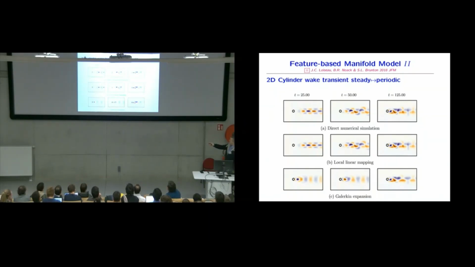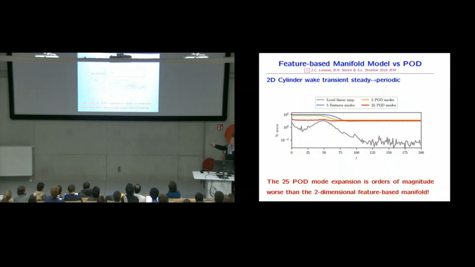If you do a Galerkin expansion, you lose a lot. So essentially, this looks much more like the high amplitude states. So this is clearly wrong, and this becomes right. If you look at the residual, now we look at the residual and normalize it with the fluctuation energy over one period. So at the end, our locally linear embedding gets things wonderfully right.